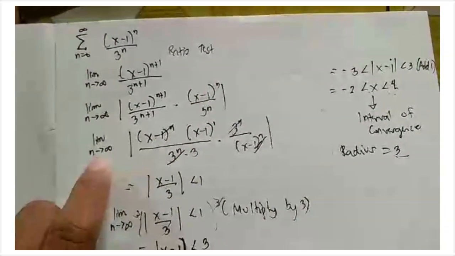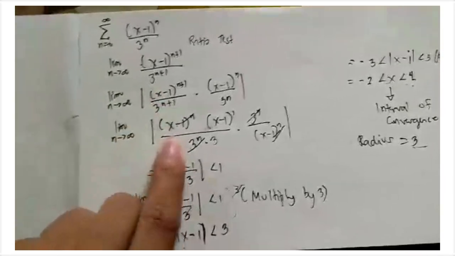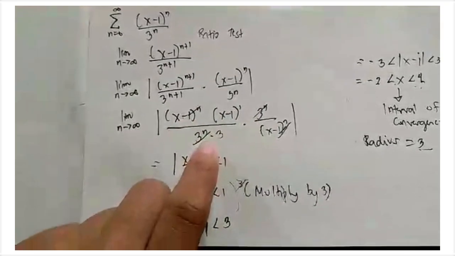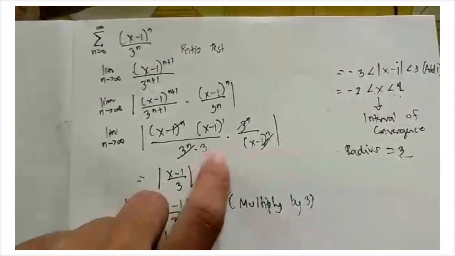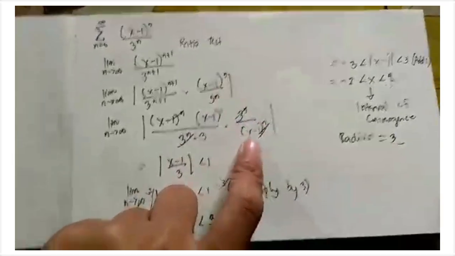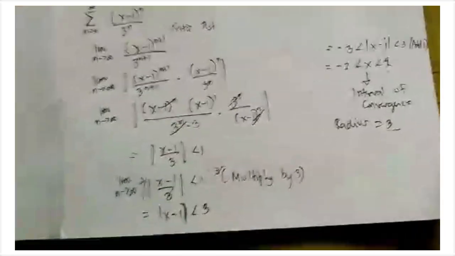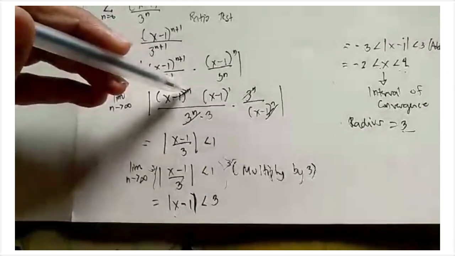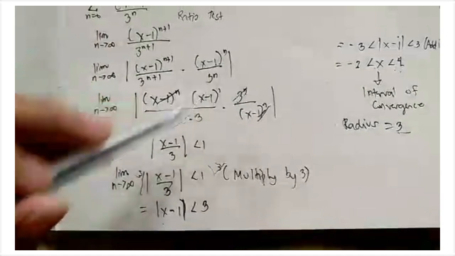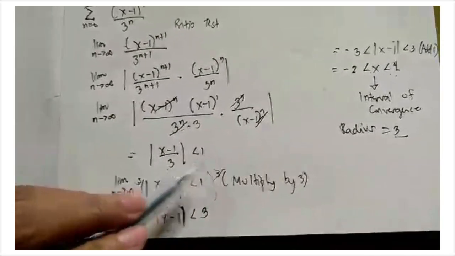Then, next, we will get the limit as n approaches infinity, distribute, so x minus 1 raised to n, x minus 1 raised to 1 over 3 raised to n times 3, times the reciprocal of this, so 3 raised to n over x minus 1 raised to n. And then cancel out, that's why we will get absolute value of x minus 1 over 3, which is less than 1.